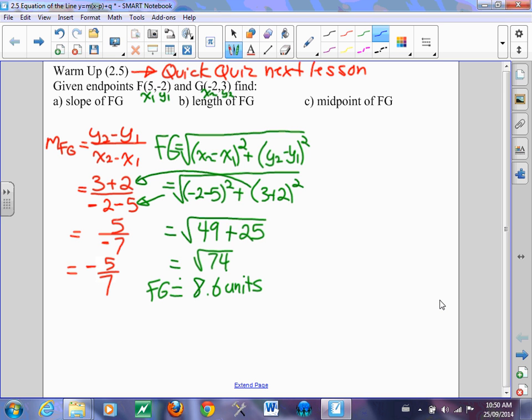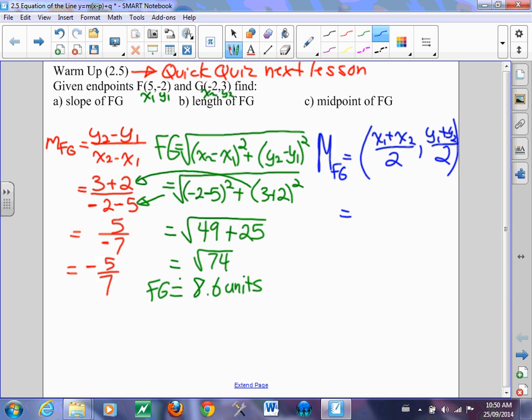All right, last warm-up question, midpoint. That's the big capital M. Midpoint of FG equals, you take the two x coordinates, add them and divide by 2, and then you take the two y coordinates and divide by 2. I believe that was last lesson.